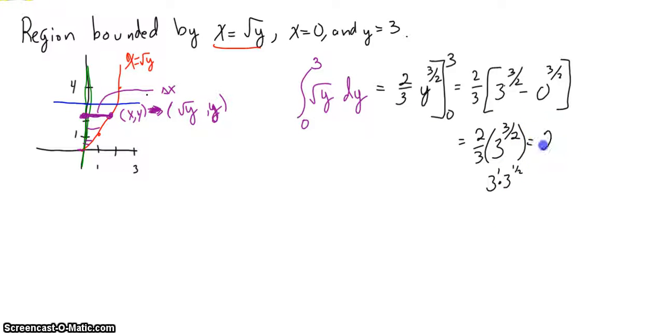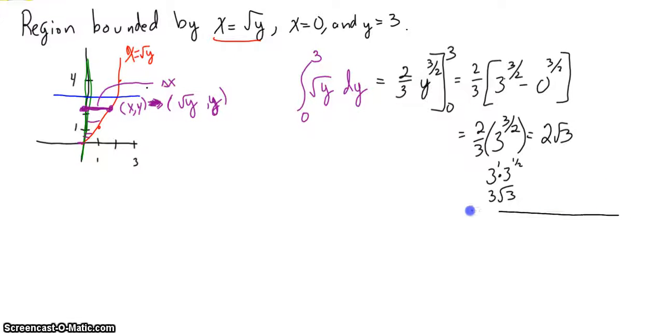So this could be 2 square roots of 3, because that's what that is, times the 2/3. Okay. So we could do it either way. If we solve for y instead and did our normal way, we'd get the same thing. It might be just as easy or quick for that one.